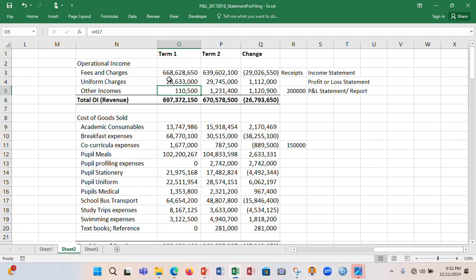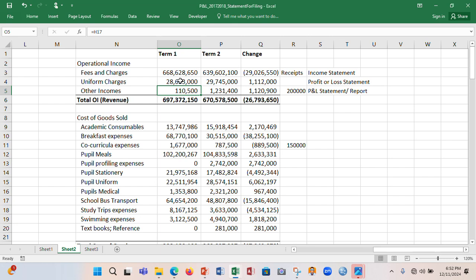Members, what you maybe need to know is that in what we call the income statement, or profit or loss, this money here does not mean that you've received it from clients. This is the total money that should be received from the clients.